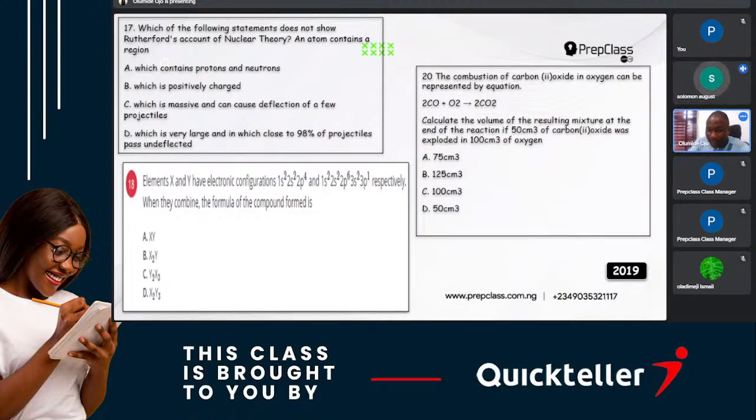S is group 1 and 2. P is group 2 to 8. Then the D is from. Okay, should I continue? No, that's not what I'm asking you. What I'm asking is, from 1s2, 2s2, and 2p6, can you say the group that element X belongs to?